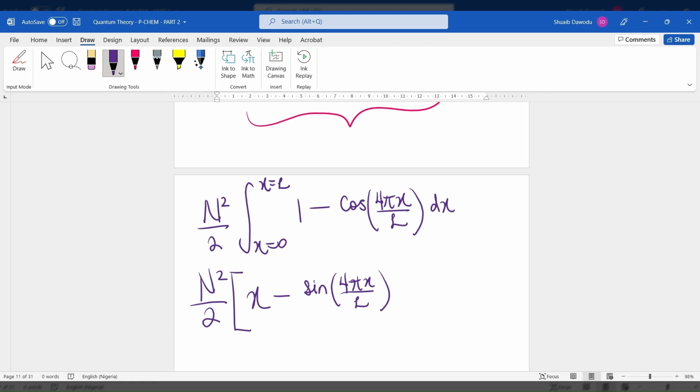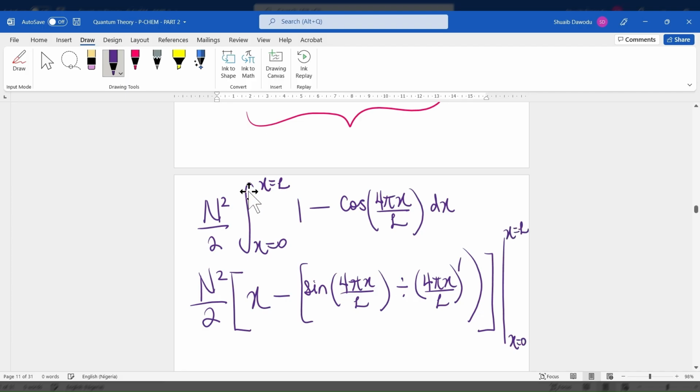But if we integrate cosine 4 pi x divided by L, we end up with sine 4 pi x divided by L, divided by the derivative of 4 pi x over L. So that is basically what we're going to do. This is going to be in a range x equals 0 to x equals L.